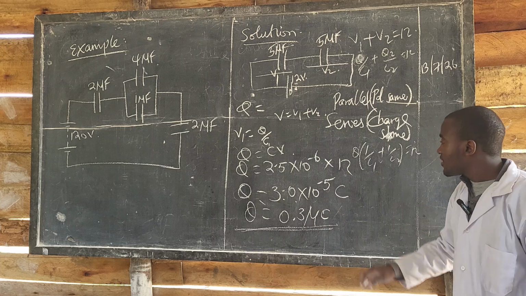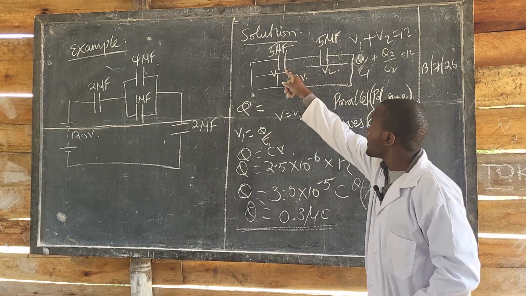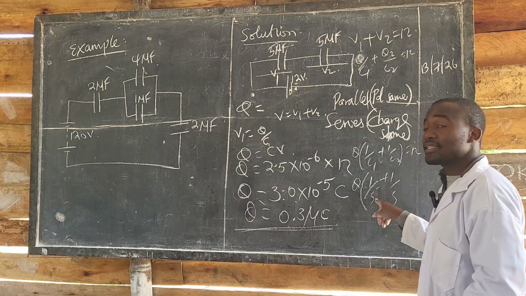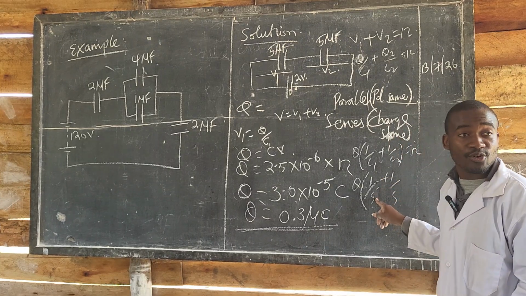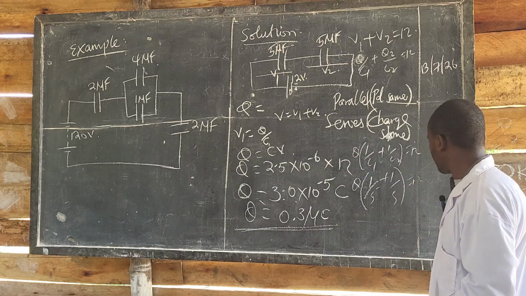So this Q is what we are looking for. Q times 1 over C1 is 1 over 5 plus 1 over 5. But these ones are supposed to be converted from micro to farad, right? Equals 12.